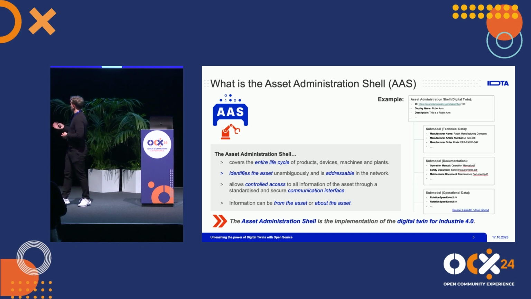Here is a very simple example of how it looks. It's not completely the right analogy, but if you want to understand how it looks, you can make an analogy with HTML. You have the header, which provides basic information about the digital twin, like identification and name.